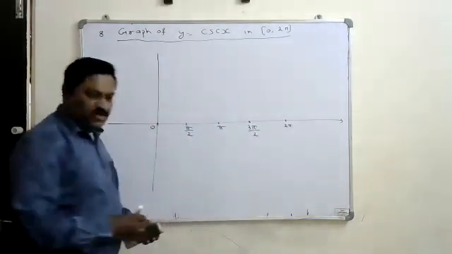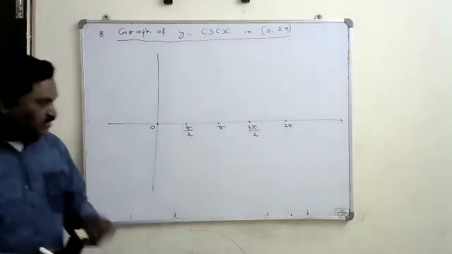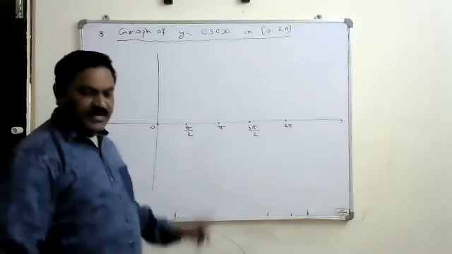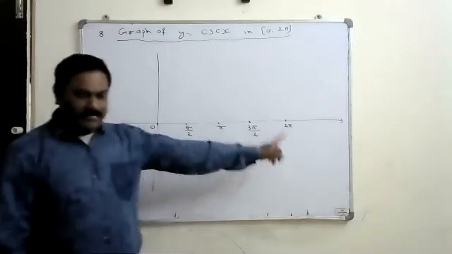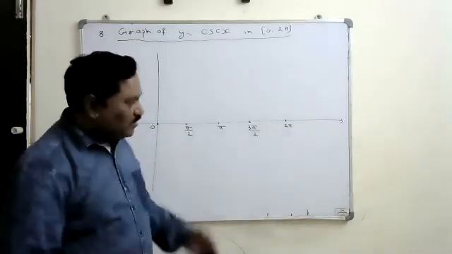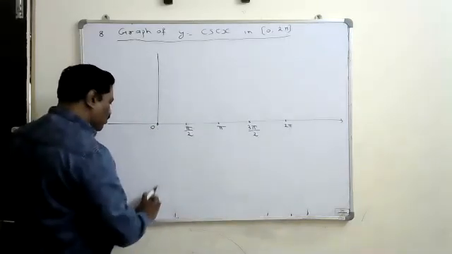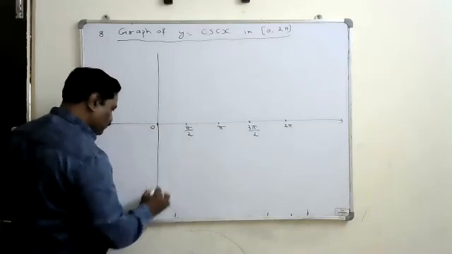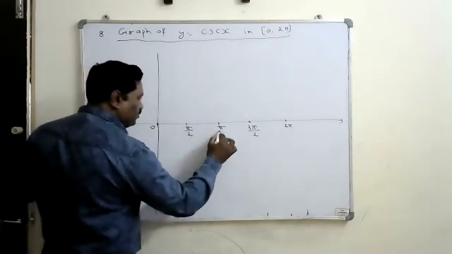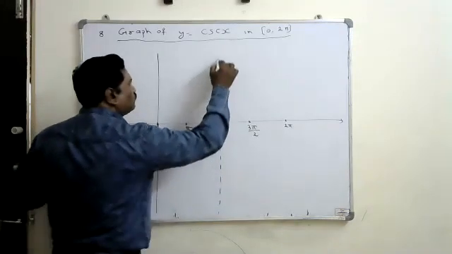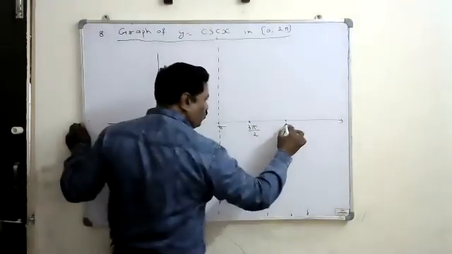So here also you can observe that the cosecant is not defined for every integral multiple of the pi. That is at 0, at pi, at 2 pi, 3 pi, 4 pi, the cosecant is not defined. That's why the y-axis itself is a not defined line. And at the pi also it is not defined. And at the 2 pi also it is not defined.